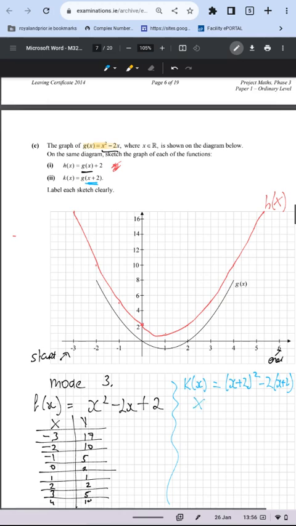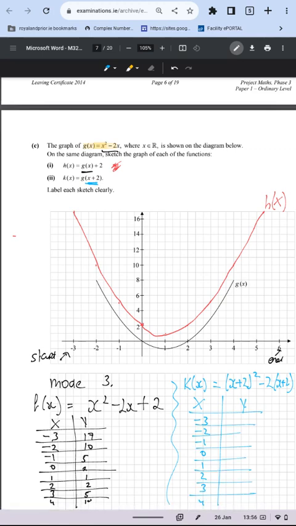And what you get out: minus 3, minus 2, minus 1, 0, 1, 2, 3, 4. Minus 3, 3, minus 2, 0, minus 1, and then we're going back up again. 0, 0, 1, 3, 8, 15, 24. So we're outside that range.